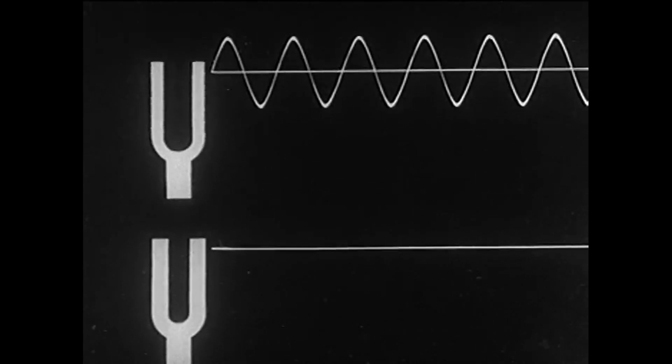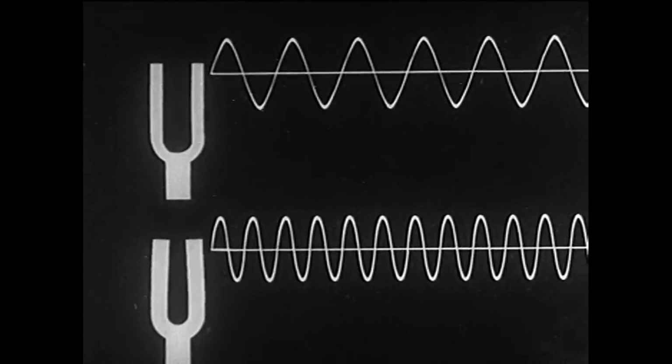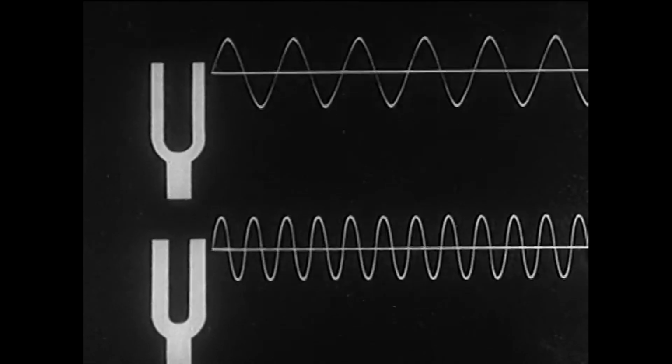To explain such differences, we picture 2 different sound waves. Here, the lower fork makes more complete vibrations per second. Therefore, its frequency is greater.